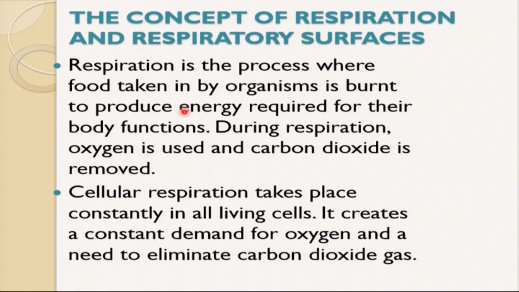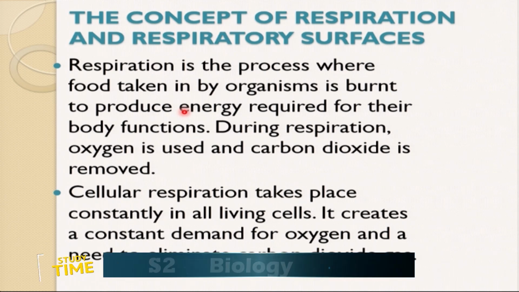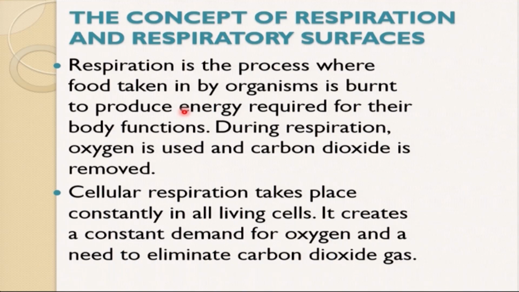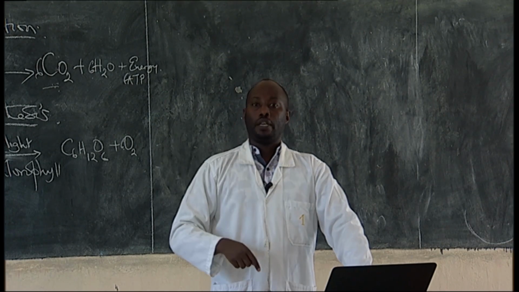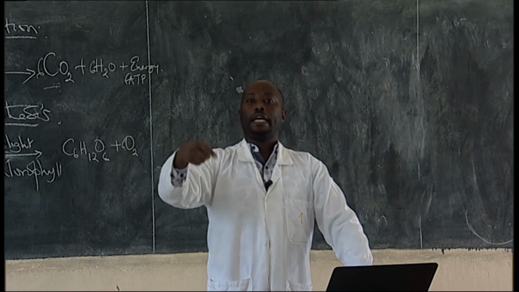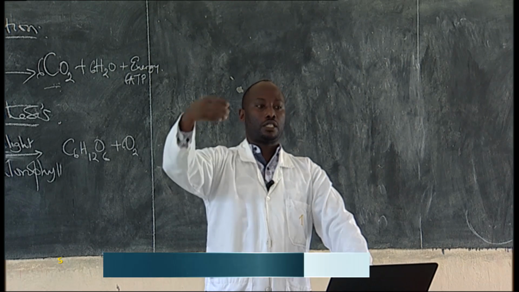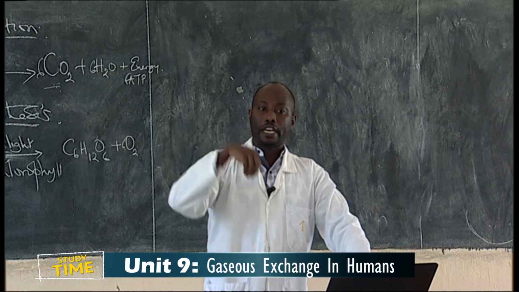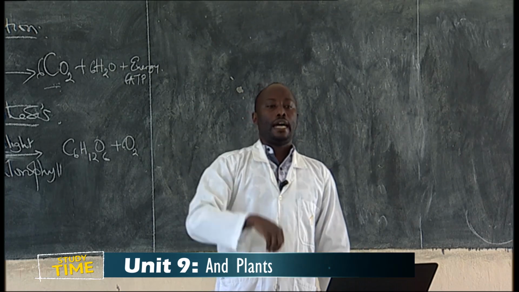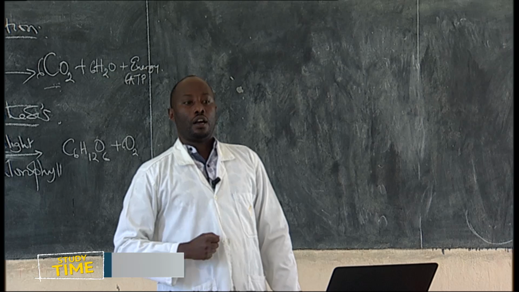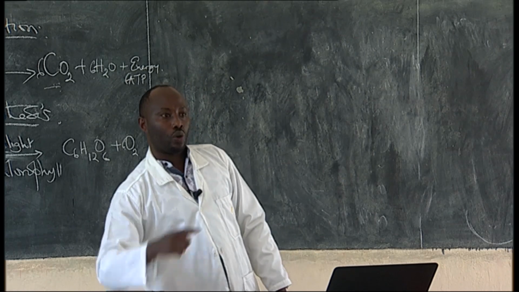The cells need more oxygen and need to eliminate carbon dioxide, because if carbon dioxide accumulates in the cells, the pH in the cells changes, and that affects the normal functioning of the cells. So once there is a constant high demand for oxygen and a need to eliminate carbon dioxide gas, that brings about gaseous exchange.